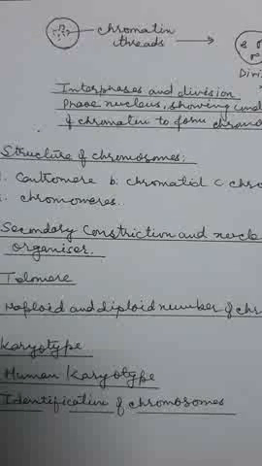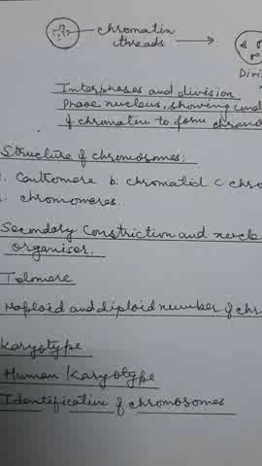Now the structure of chromosomes. A typical chromosome shows the following structures. First is centromere. Chromosome contains a primary constriction or centromere. It shows a faintly positive Feulgen reaction indicating the presence of some DNA.